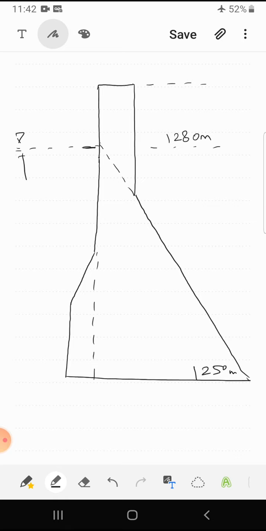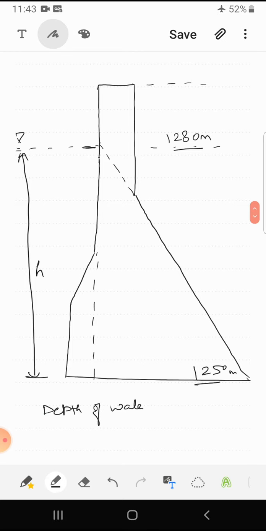This height will be small h, and small h will be 1280 minus 1250. Now the depth of water will be 1280 minus 1250 equals 30 meters.